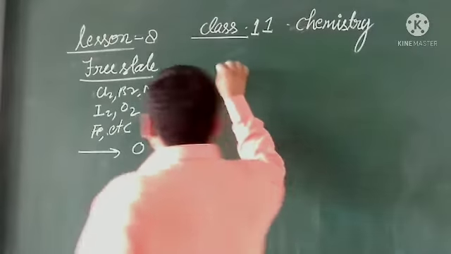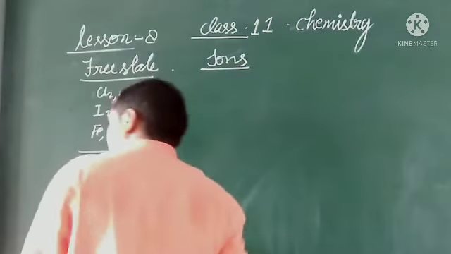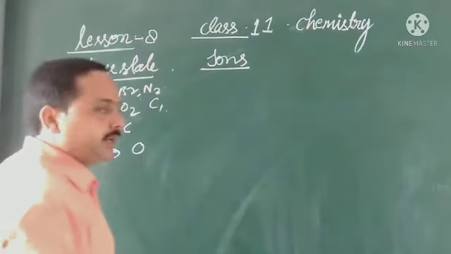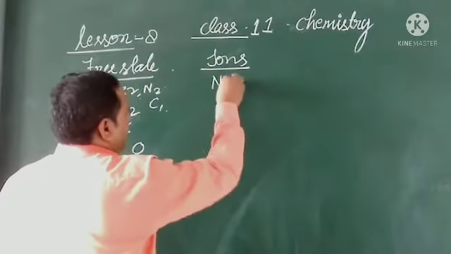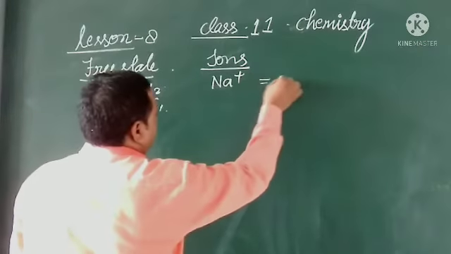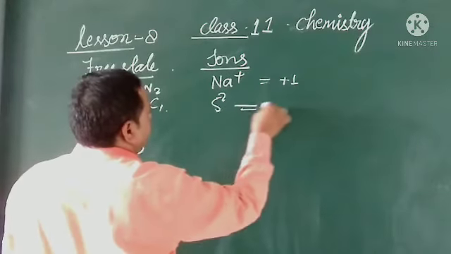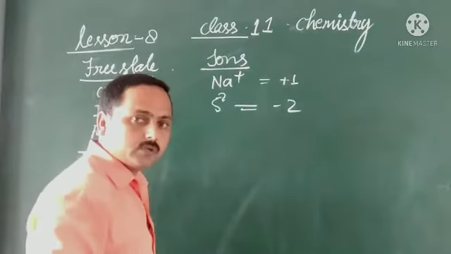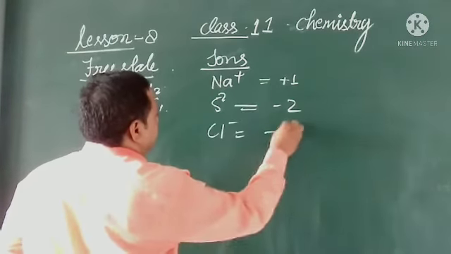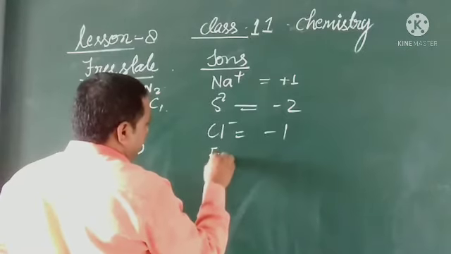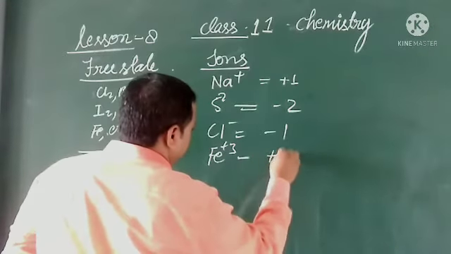In ions, the charge carried by the ion is equal to the oxidation state. Like this, if I am writing Na plus, oxidation state is plus 1, S2 minus sulfide, oxidation state is minus 2, and chloride, minus 1. If it is like this, the oxidation state is plus 3.